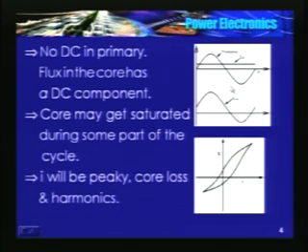This flux is produced by the magnetizing current. So flux in the core is phi DC plus phi fundamental. So I have a sinusoidal waveform having a DC shift or DC bias.